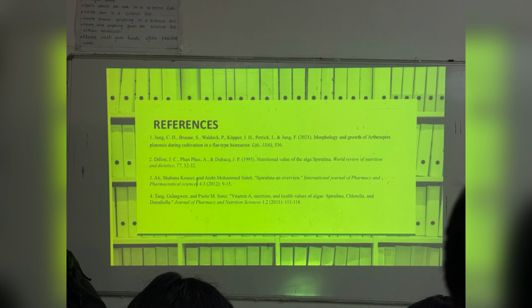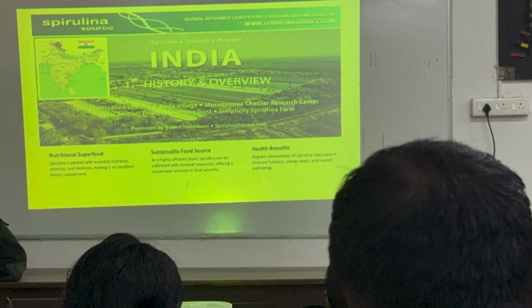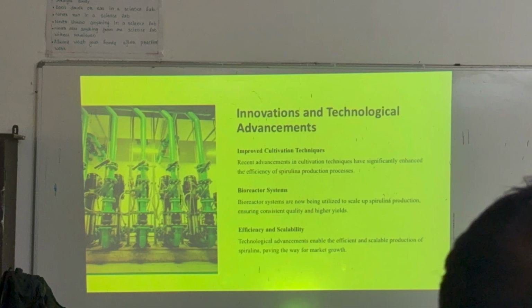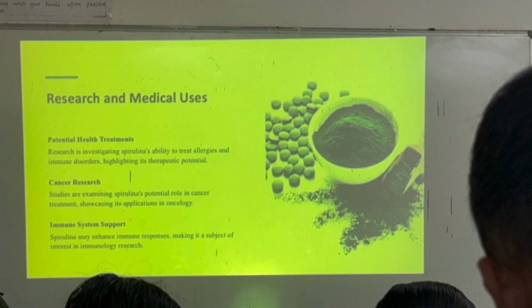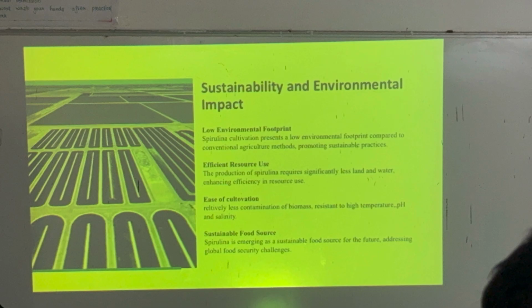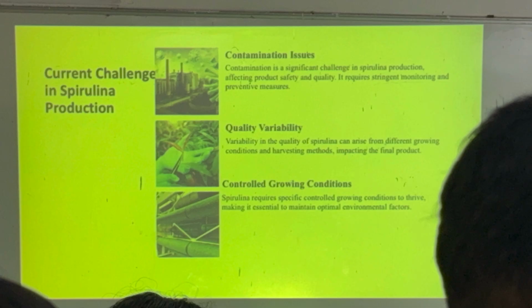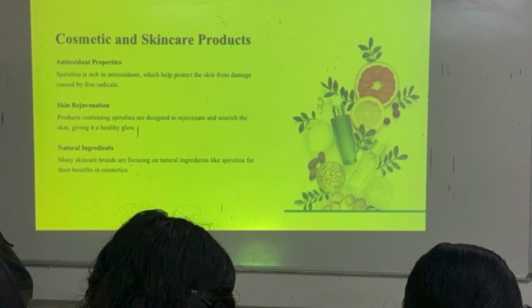Then quality variability. During harvesting or during cultivation, if there is some contamination and the quality is not checked properly, the product replicated as tablets or capsules, if it contains contamination, then the person who consumes the tablet will get other disorders.